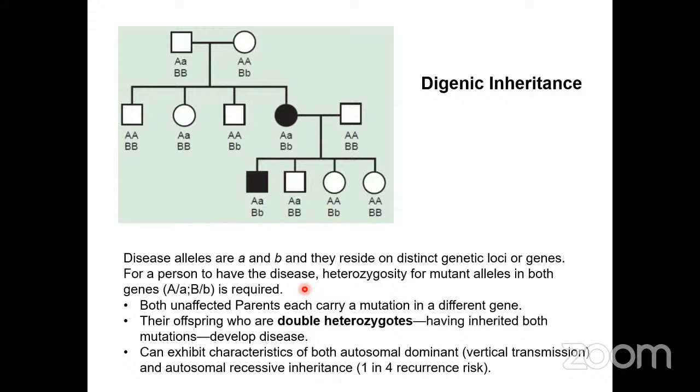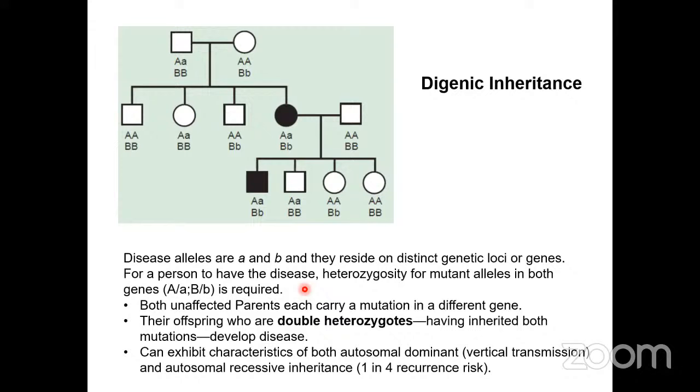If the person inherits both the mutated genes, even though the other copies are normal, it's called a double heterozygote, and then they will manifest. The best example for this is retinitis pigmentosa. So you need heterozygosity in two genes to manifest this disease.